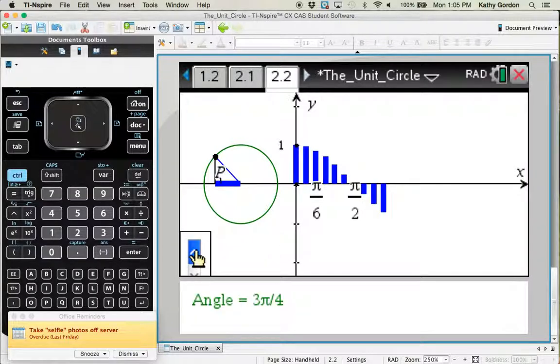And it also means that my distance is getting bigger and bigger until I get out here to pi, which is my furthest distance, but it's my furthest distance to the left. So that puts me out at a -1.